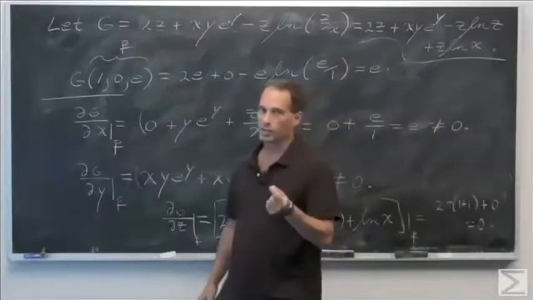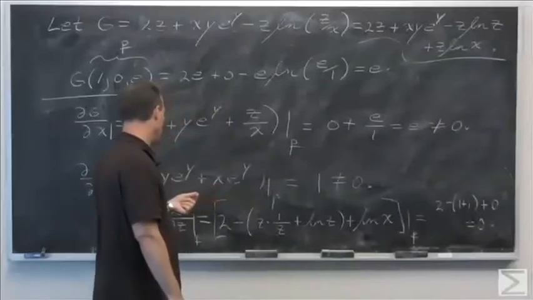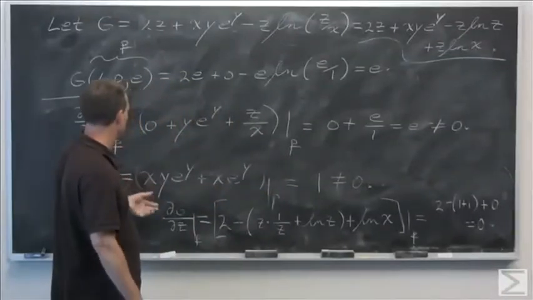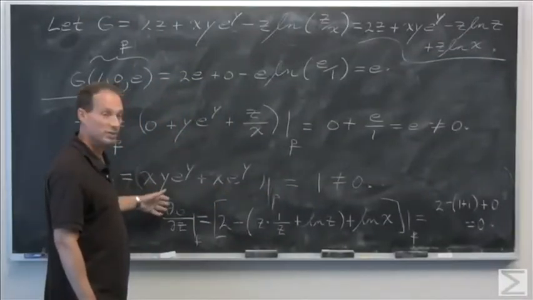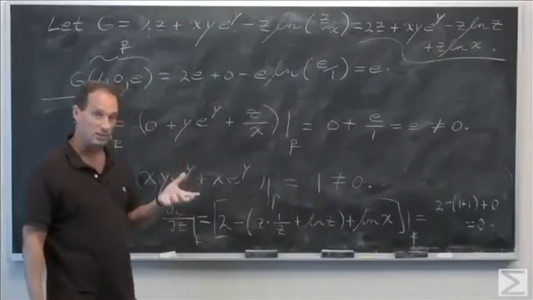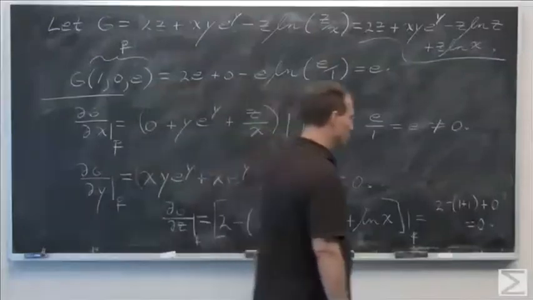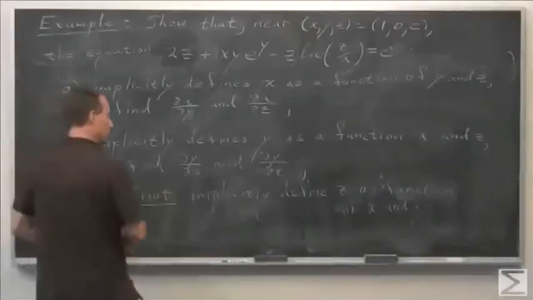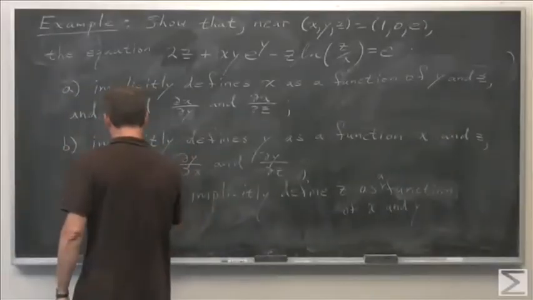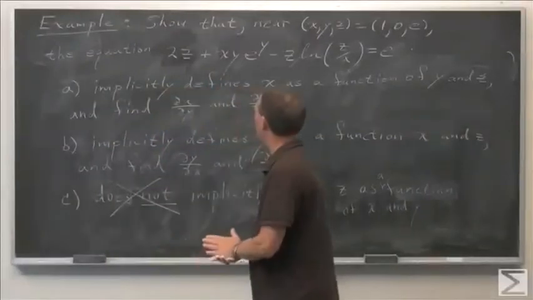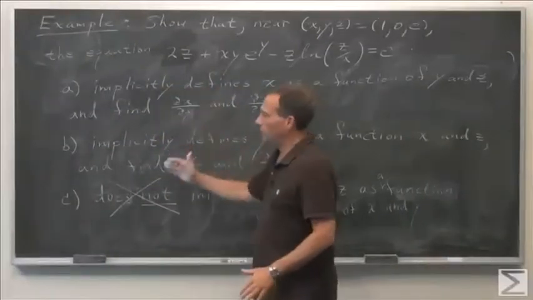So what does this tell us? It tells us we cannot use the implicit function theorem to say that the equation g of x, y, z equals e defines z implicitly as a function of x and y. So that's part C, that you can't do this, at least by applying the implicit function theorem. And parts A and B, we check.